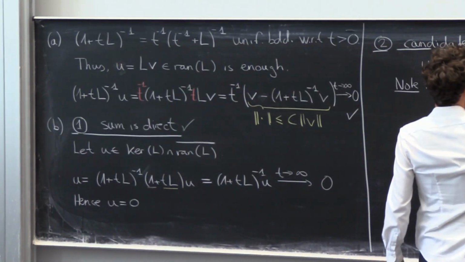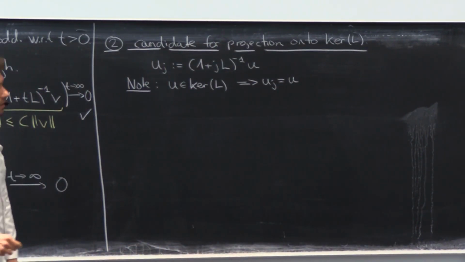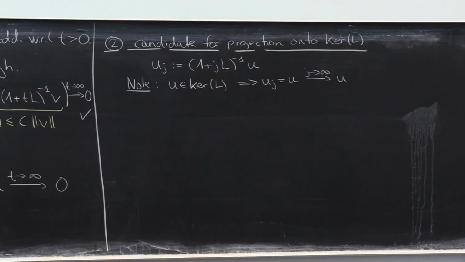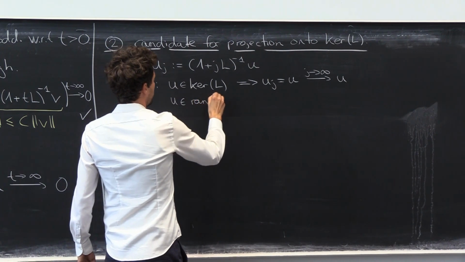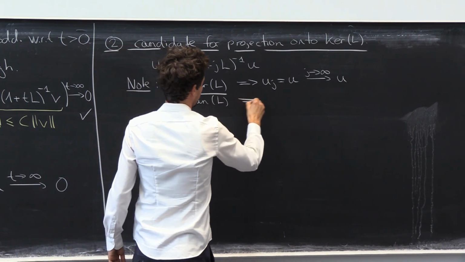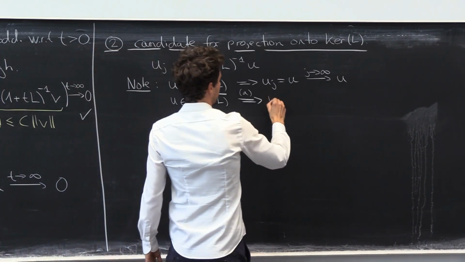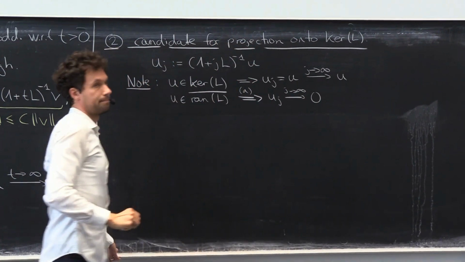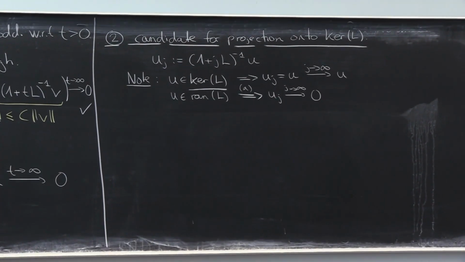It follows that uj is equal to U. So clearly as j goes to infinity, this goes to U. On the other hand, if U would be in the closure of the range of L, then the A part tells me that uj, as j goes to infinity, goes to 0. So what's the conclusion from this?